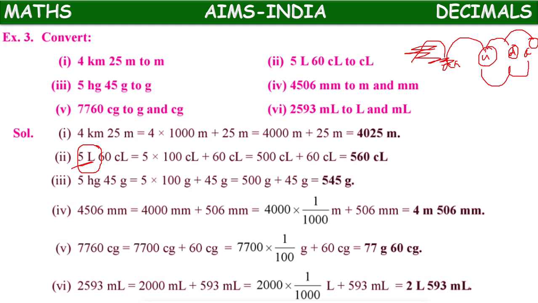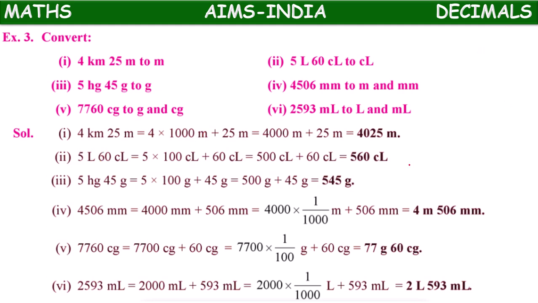But this is from a higher value to a lower value, which means we have to multiply by 10 two times. So for converting this 5 liter into centiliter, we multiply by 100 and mention centiliter. 5 into 100, 500 centiliter plus 60 centiliter, 560 centiliter. Next.